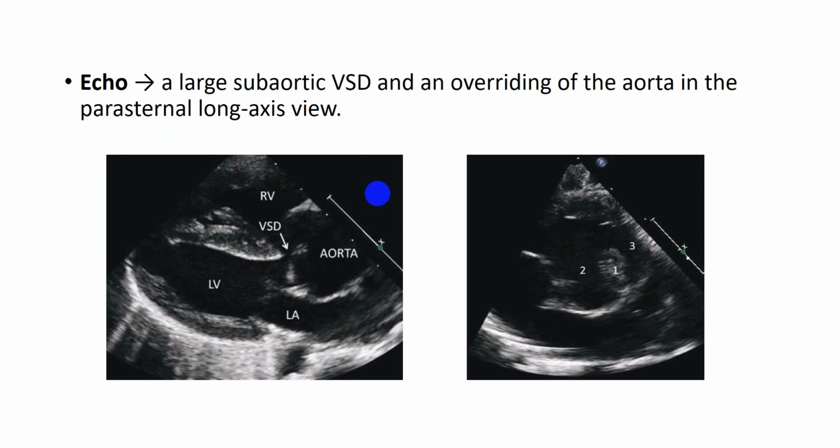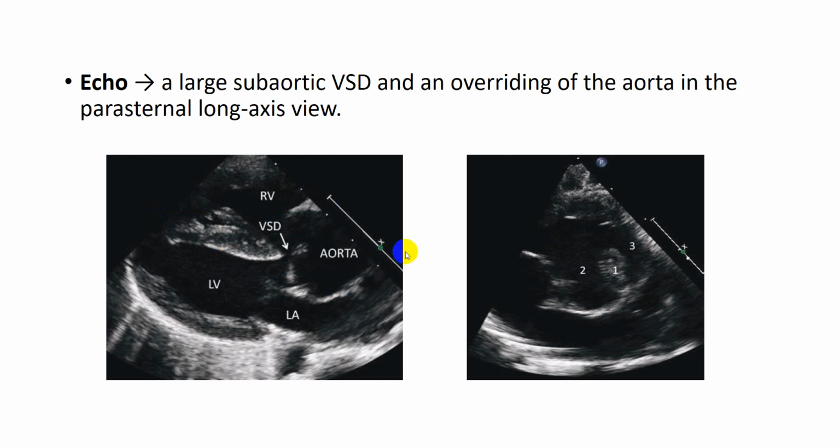The echo defines the four characteristics of Tetralogy of Fallot, including the large VSD and the degree of overriding. That means overriding if you have an imaginary line from the interventricular septum that passes through the aorta.